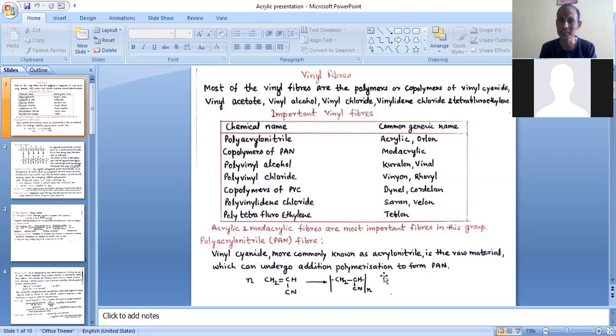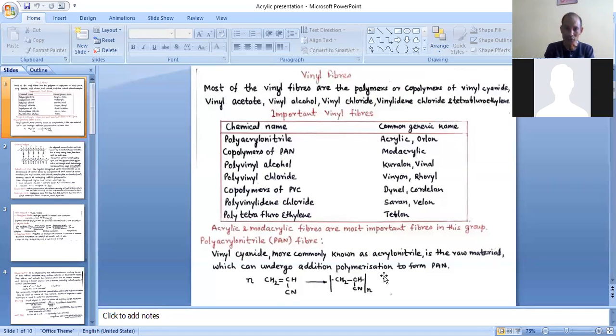So two important things in this slide are: the name of the raw material is vinyl cyanide, which we call acrylonitrile, and this acrylonitrile goes through addition polymerization to produce a polymer of polyacrylonitrile, which is known as acrylic.